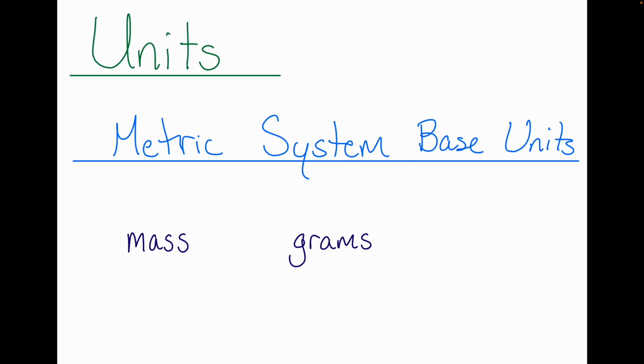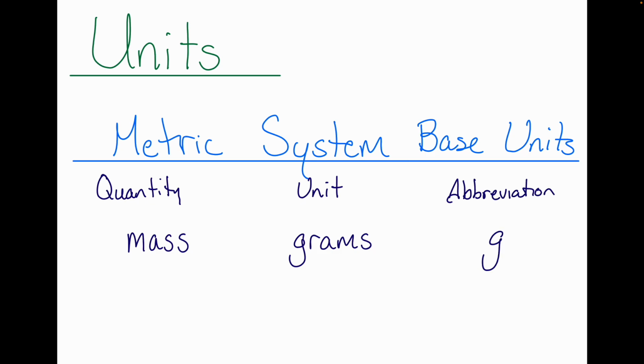We can, I guess, header our table here. This is our quantity. This is our units, and we're also going to put in the abbreviation. For grams, we abbreviate that with lowercase g.